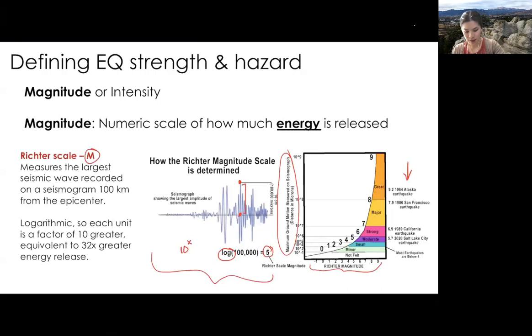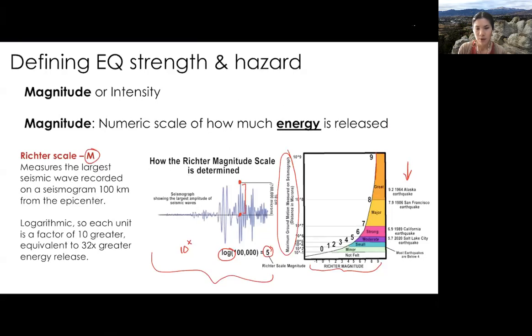And then this scale here is kind of showing us how the numbers of them are branching off as we get to be higher and higher magnitudes. So examples of this, the 2020 Salt Lake City earthquake fairly recently was a magnitude 5.7. The 1989 earthquake in Bay Area was 6.9. One of the largest earthquakes in the United States was the 9.2 1964 Alaska earthquake.